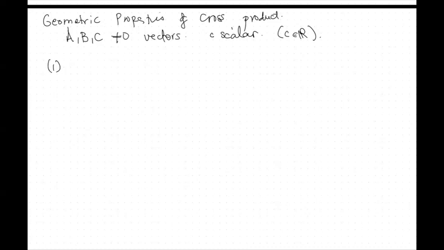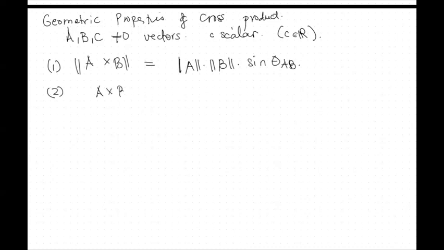The first property is the following: the magnitude of A cross B is equal to the product of the magnitude of A, the magnitude of B, times the sine of the angle between A and B. The second property is the following: if you take the absolute value of (A cross B) dot C, it will give you the volume of the parallelepiped.